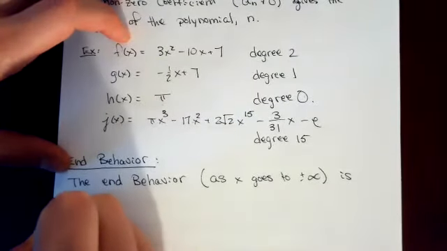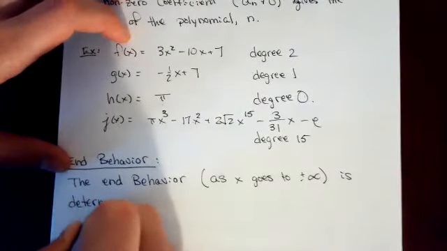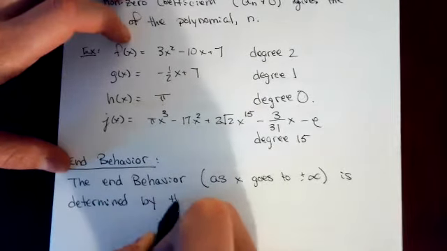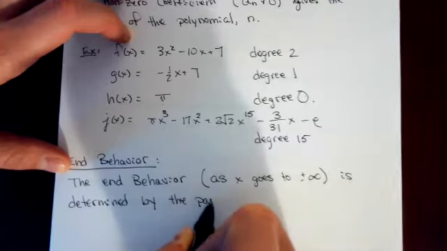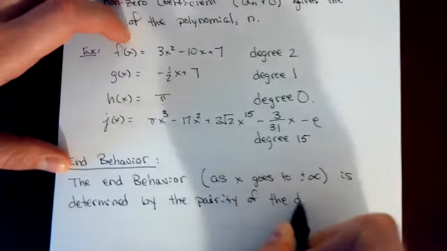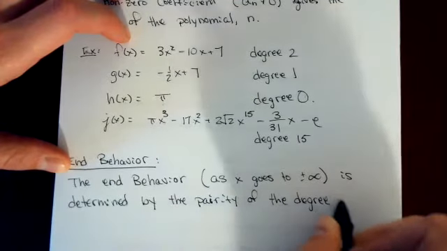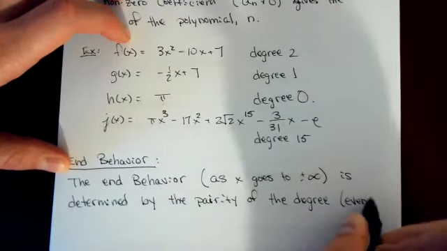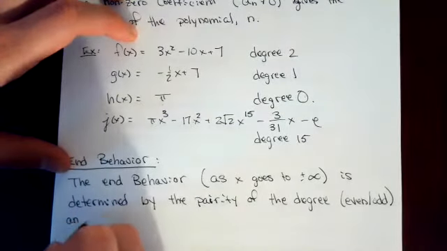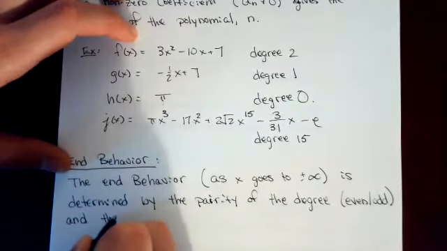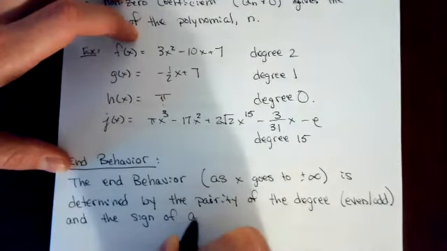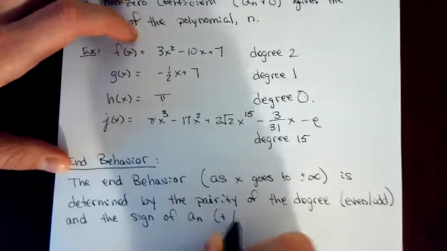And it's determined by the parity of the degree, and that means even or odd, and the sign of the leading coefficient a_n, so plus or minus.